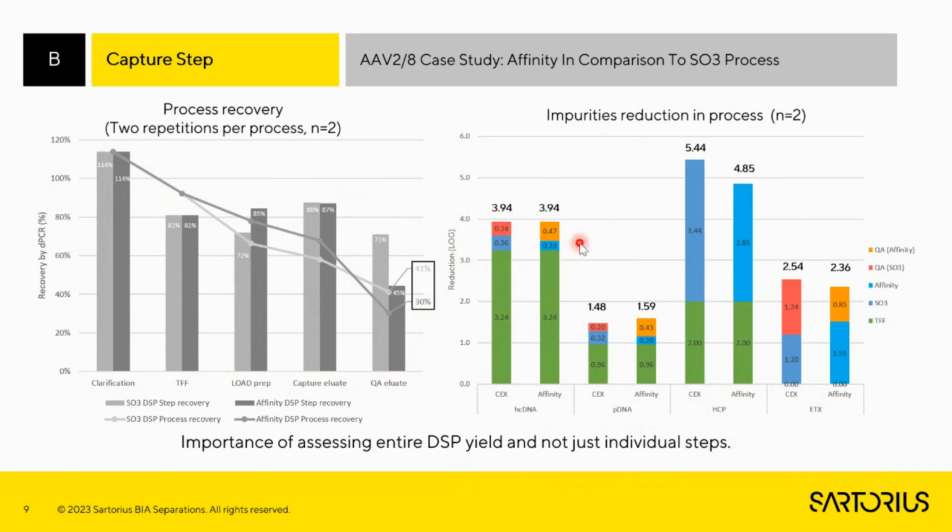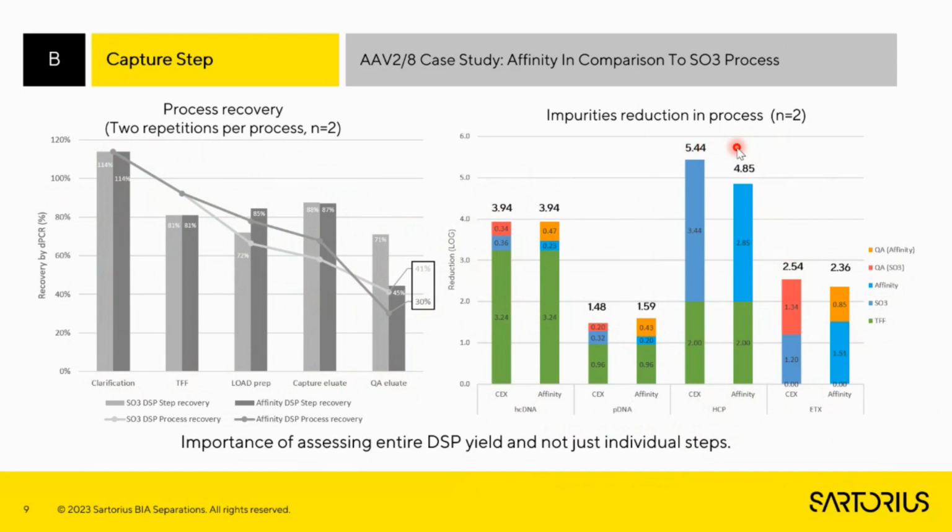What can be concluded from the host cell DNA is that the two processes are comparable. The same could be said for the endotoxin. Slightly higher removal is seen for plasmid DNA in favor of the affinity, but I would say all of those numbers are really within the range of the error of the analytics, so there was no statistical significance between them.